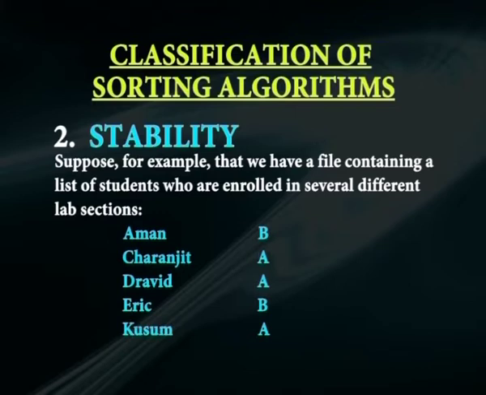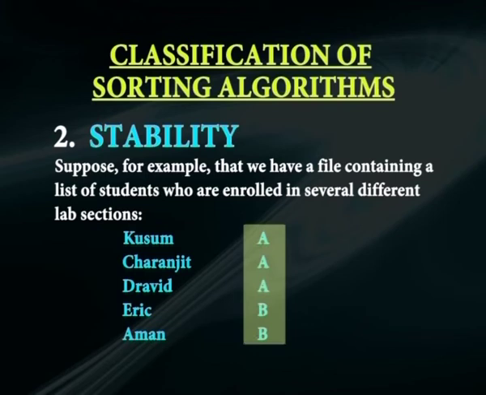If we sort these students alphabetically using their names as the key, then it is very unlikely that they will be grouped nicely into lab sections as well. One of the sortings could be: Aman lab B, Charanjit lab A, Dravid lab A, Eric lab B, and Kusum lab A. So, we might like to sort again using the lab section as a key, so that we have all the students in lab section A together, all the students in lab section B together, and so on.